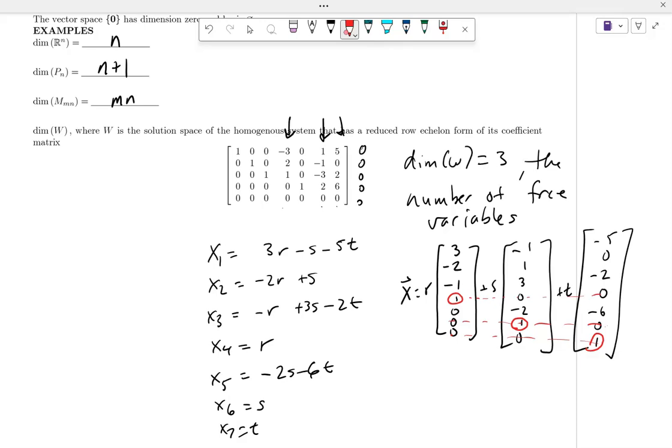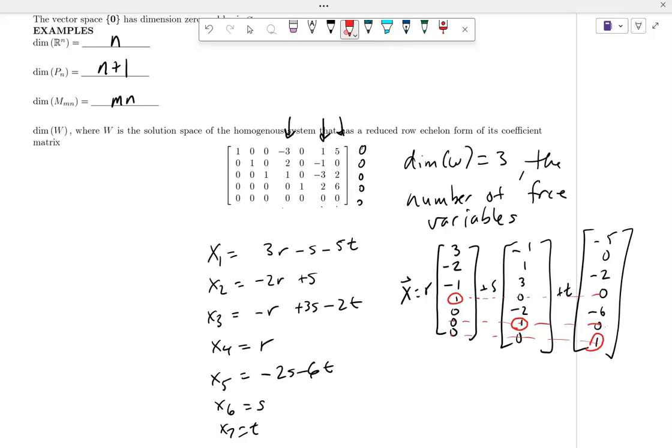No, because there's zeros there. Likewise for that last one. Notice if I ignore the other four rows, what matrix do you see? The identity, which is exactly what we want to see if we want linear independence, isn't it? Okay. So that's why this has dimension 3. I've got three vectors that can generate all the solutions, and those three vectors are linearly independent.